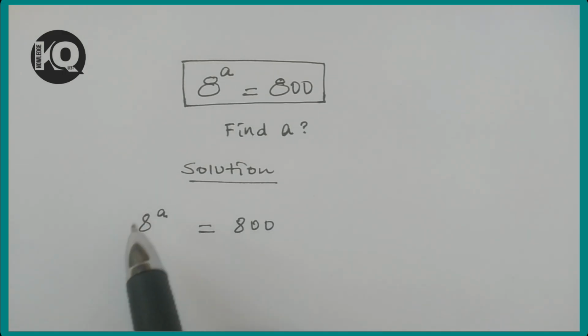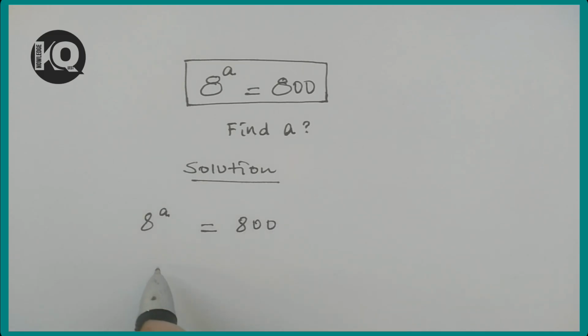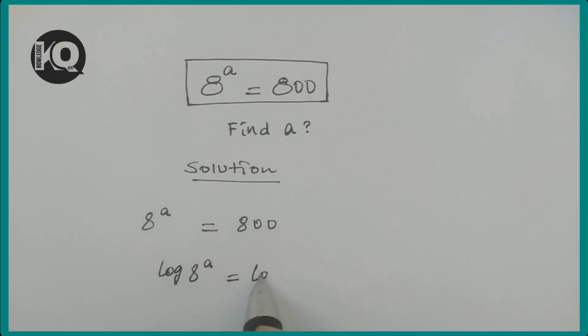As we see, the equation is an exponential equation. Exponential equations can be solved by introducing logarithms. So let's introduce log on both sides of the equation, which is equal to log 800.